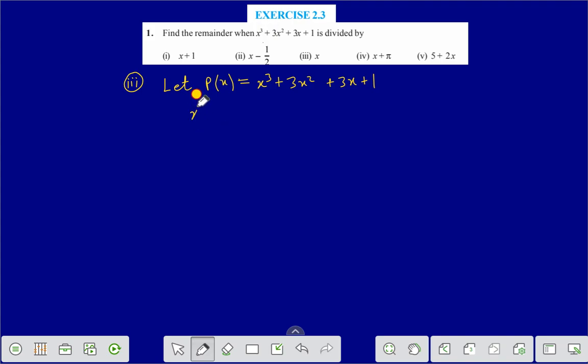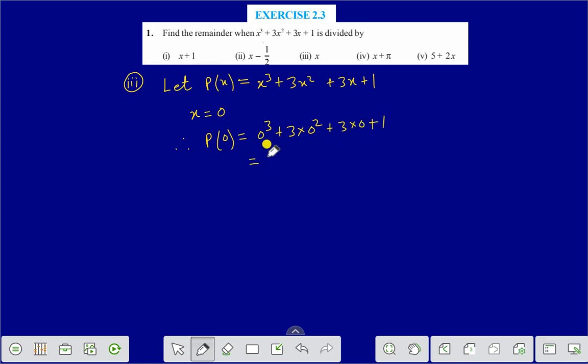Here to find x equal to 0, we'll find p(0), that is equal to 0 cube plus 3 into 0 square plus 3 into 0 plus 1.